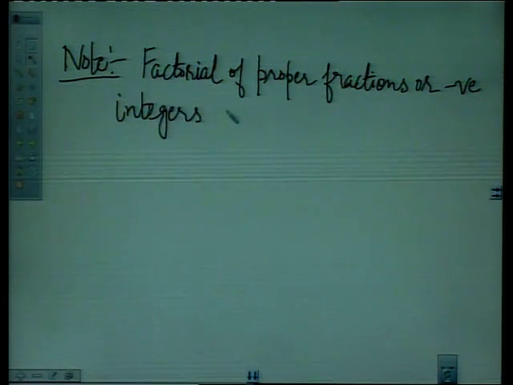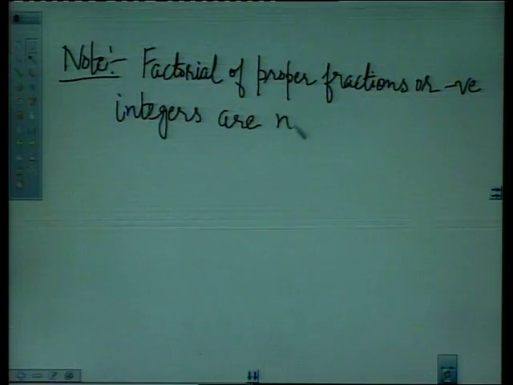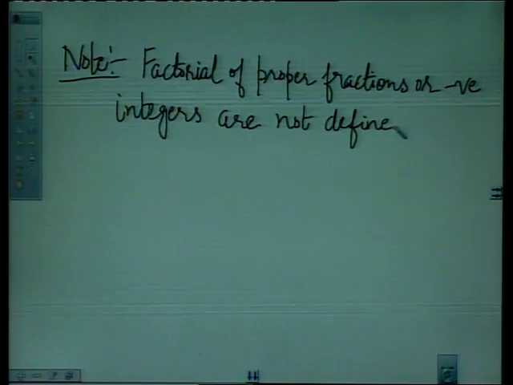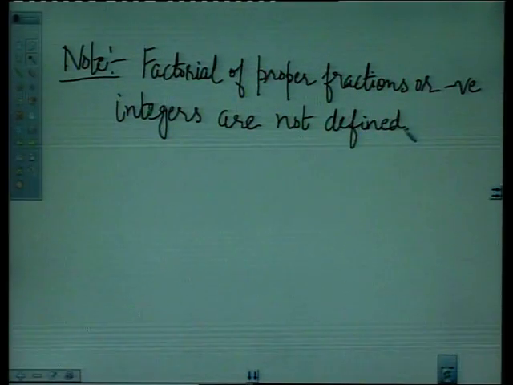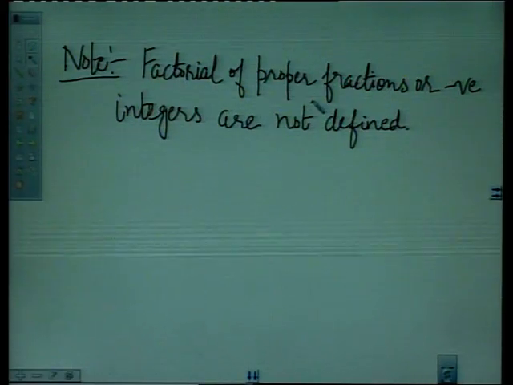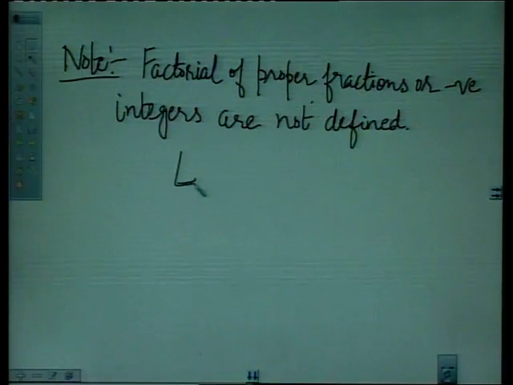We do not define the factorial of proper fractions or negative integers. The value we must remember is that the value of 0 factorial is equal to 1.